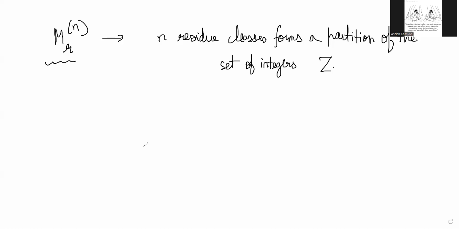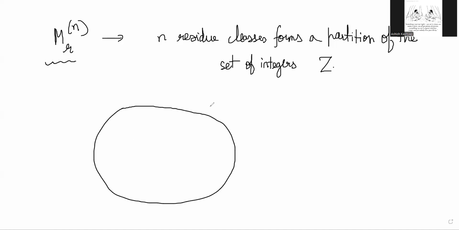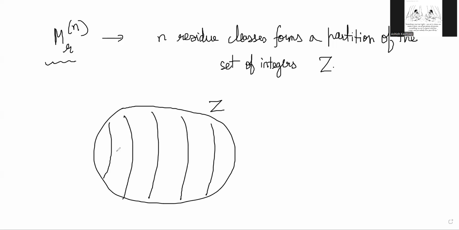all of these sets. So basically what I'm saying is, say this is Z, then these are my residue classes, and this might be M1 and M2 and this is my Mn minus 1, n, right? Yes.